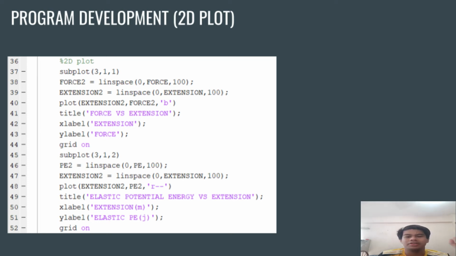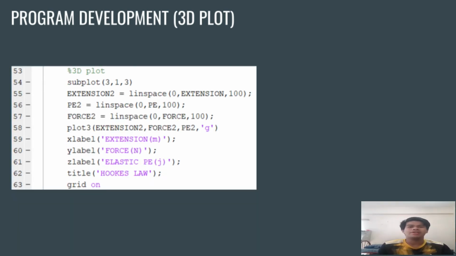First is the graph of force versus extension, and the line is blue. The X label is extension, the Y label is force, and the grid is on. Subplot 312 is the second graph, which shows elastic potential energy versus extension. The X label is extension, and the Y label is elastic potential energy.